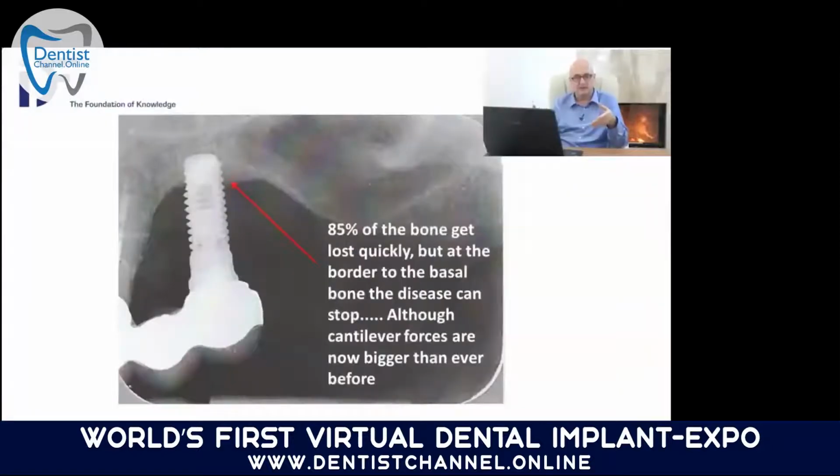Now, as you see, this is of course a completely wrong idea, because just imagine how much higher the forces are now. Now you have the collar here, you have an enormous cantilever, and you don't see bone loss anymore. From here to here, this happens maybe in 3-4 years. But from here to here, so that the rest of the implant is also without bone, this probably never happens.